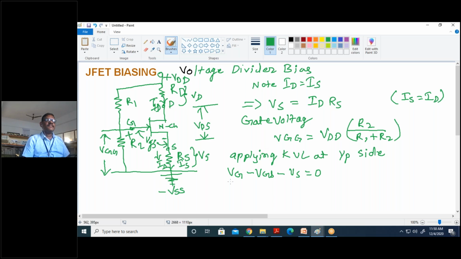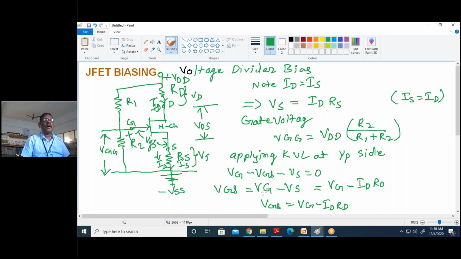Now VGS is equal to VG minus VS, that is equal to VG minus ID into RS. VS is equal to ID into RS. Now VGS is equal to VG minus ID into RS.